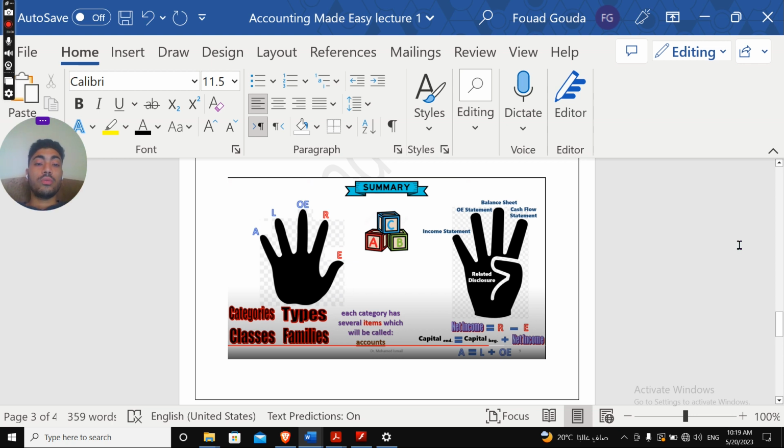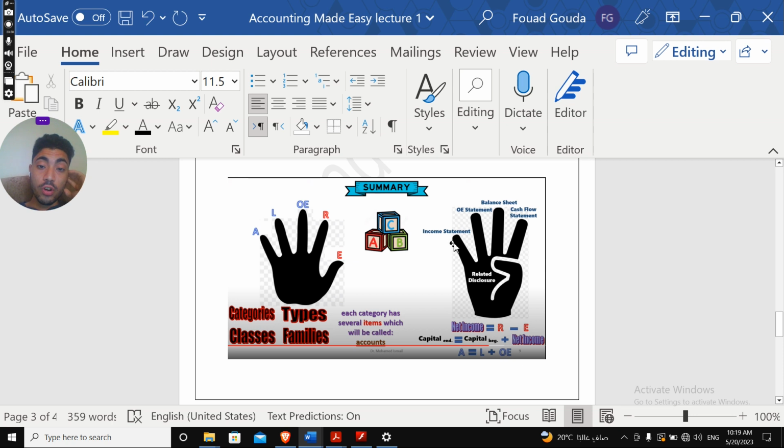Okay, so these help us to establish the statements, which are the income statement, owner equity statement, balance sheet, and cash flow statement. And related disclosure is not really a financial statement, so by using these 5 items on my left will help us prepare the 4 statements on the right.